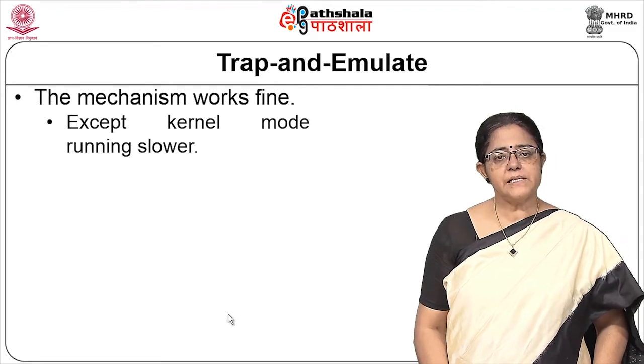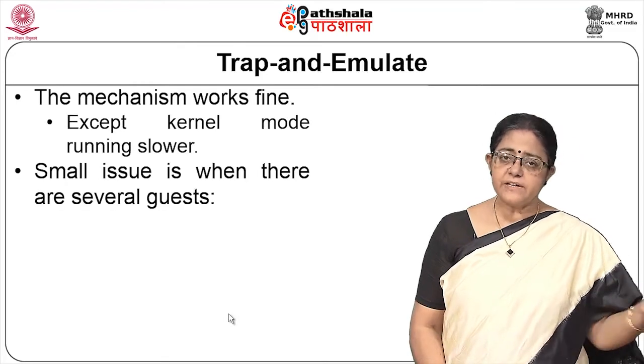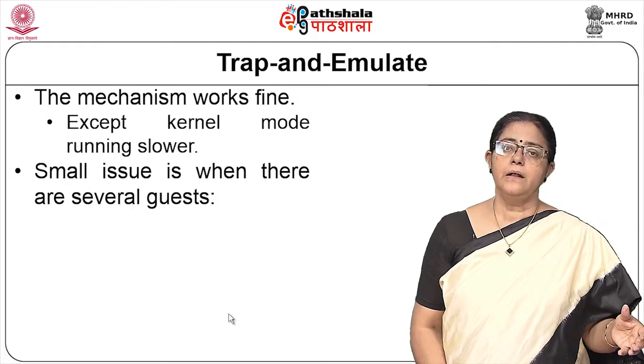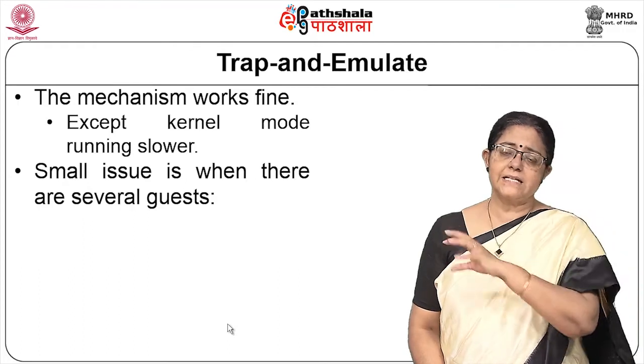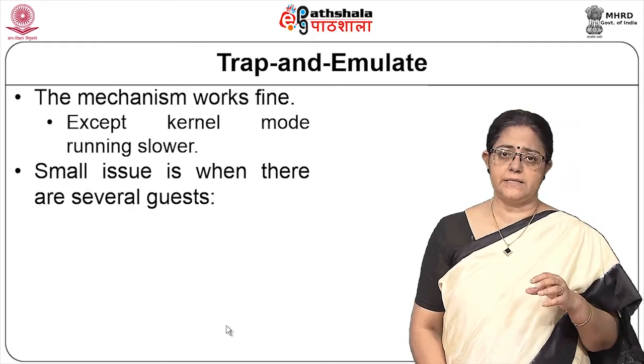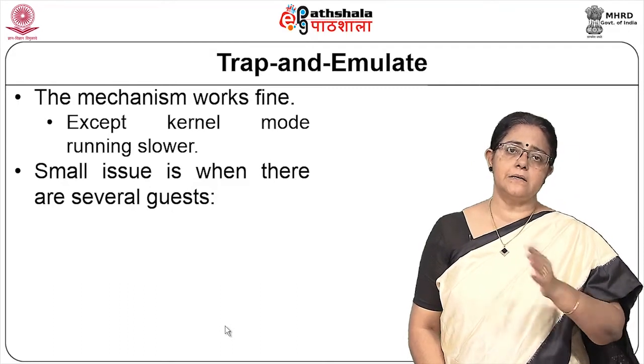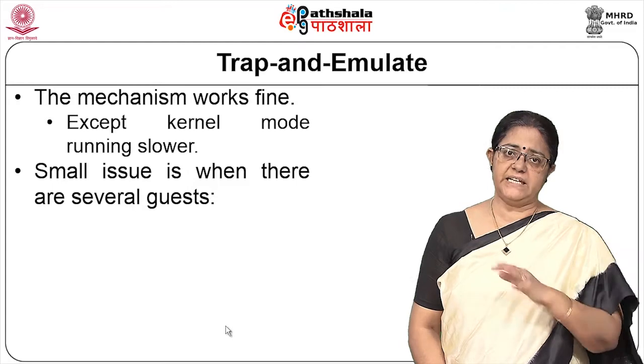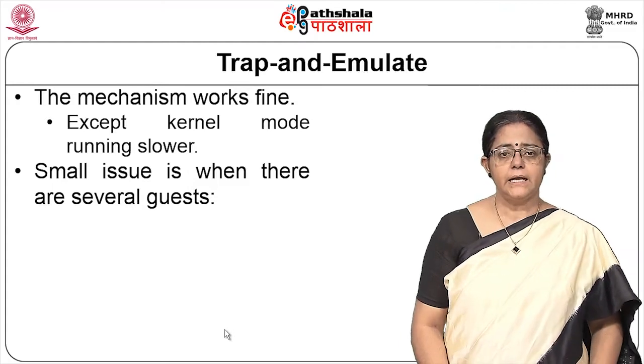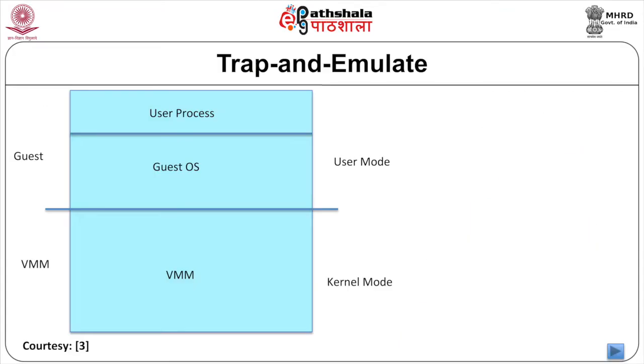But what happens now when there are several such guests available? Each of these guests is trying to run privileged instructions, and therefore so many trap and emulate operations for each guest will definitely become more expensive.